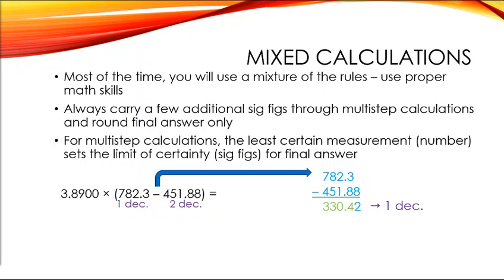My second bullet point up there states to always carry a few additional sig figs. What I mean by that is even though my number 330.4 is the only significant portion of that value, there is a huge difference between multiplying your 3.8900 by 330.4 and by 330.42.